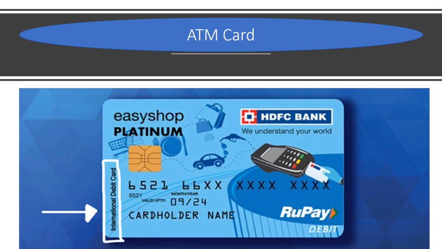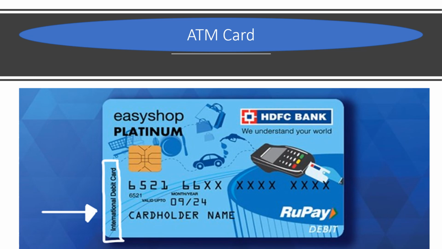Now when I speak about this ATM card, we have a chip on the left hand side of the card. This chip contains all the information about the account holder who is handling this card. Along with that, there is a 16-digit number for this ATM card. Every card has its own 16-digit number. There is a number mentioned for its expiry date as well.